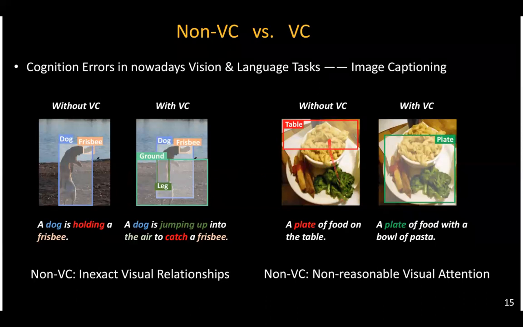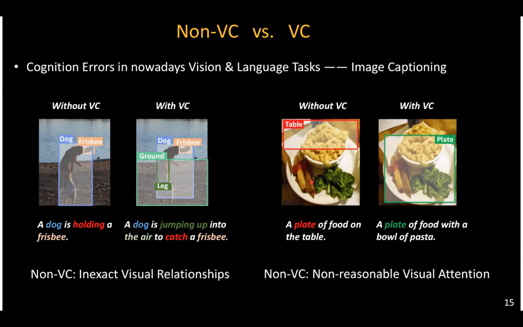We say a plate. Without visual common sense, we will say "a plate of food is on the table." But if we have the common sense, then we will say "a plate of food with a bowl of pasta." The reason is that in the data set, if we observe a plate, then this plate will always or very frequently show up with a table.